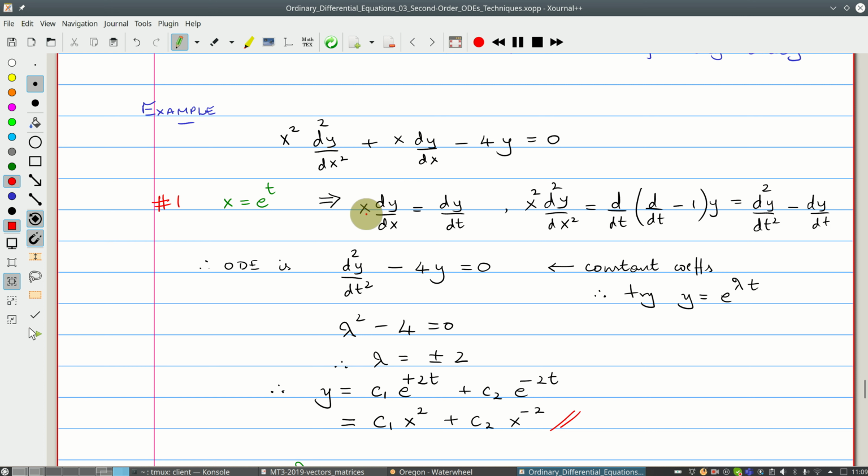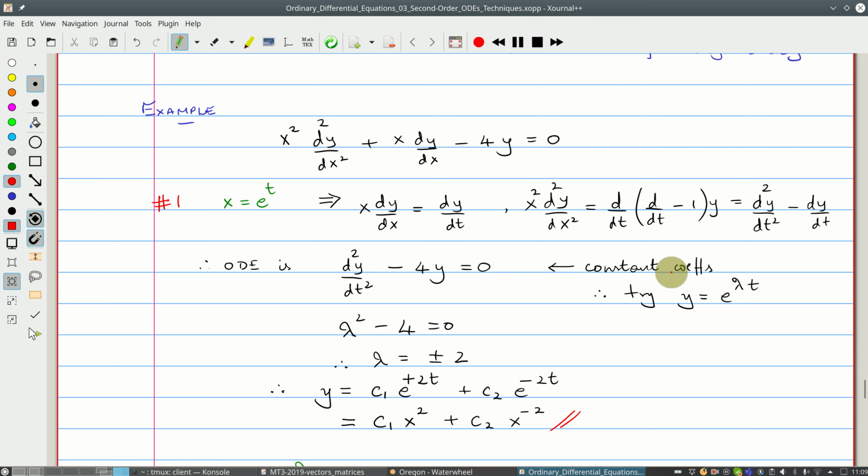Change variables, and you can show that x times dy by dx is simply dy by dt, and you can also show, using the techniques we've just seen, that x squared times d squared y by dx squared is equal to d squared y by dt squared minus dy by dt. Put these back into the ODE, and it will be transformed to this much simpler form, d squared y by dt squared minus 4y is 0.